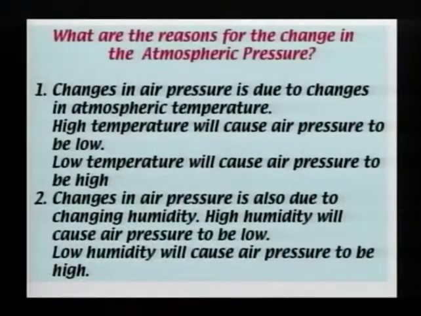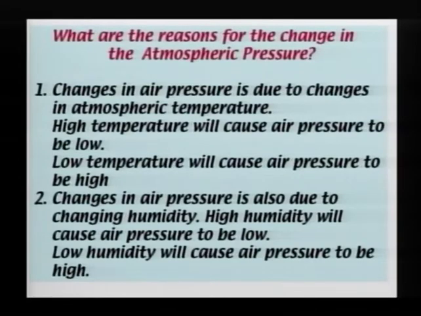What are the reasons for the change in the atmospheric pressure? Why is it that air pressure changes every day? Changes in air pressure are due to changes in the atmospheric temperature. So when the temperature changes, the air pressure also changes. We already found out that warm air is associated with low pressure.